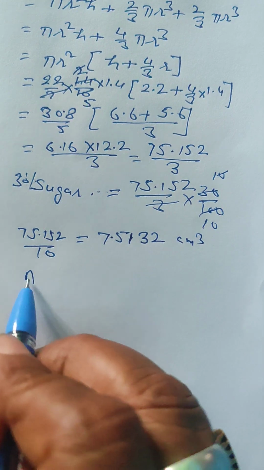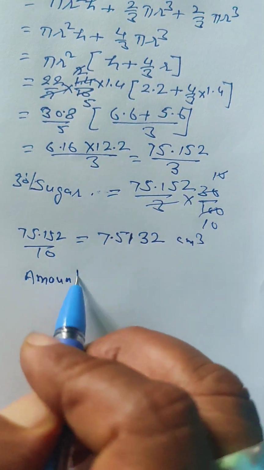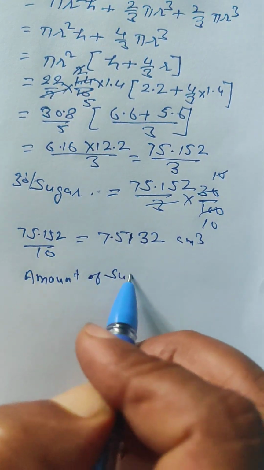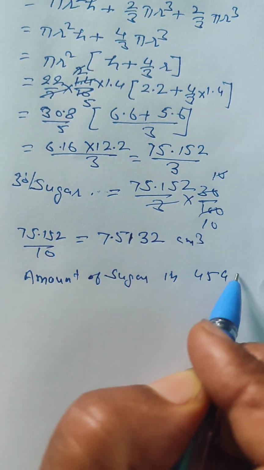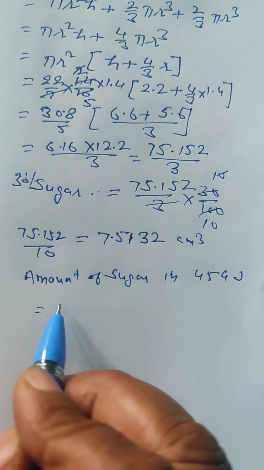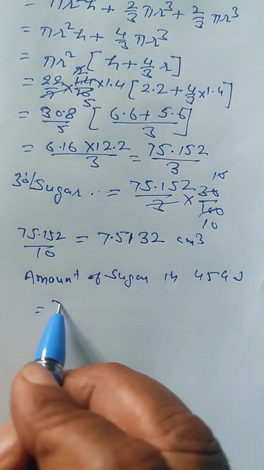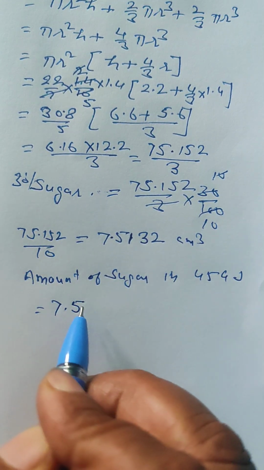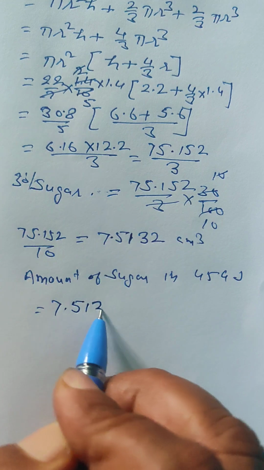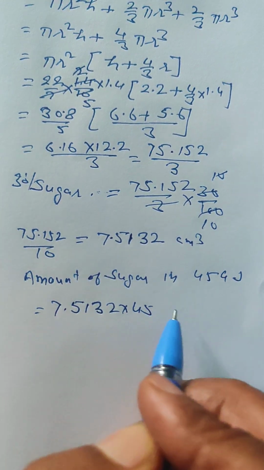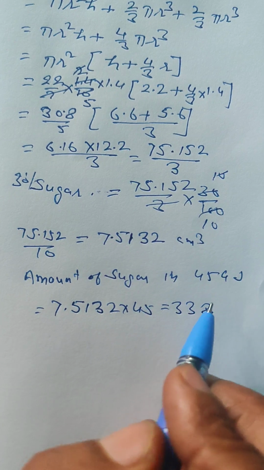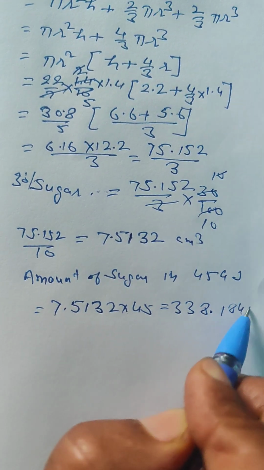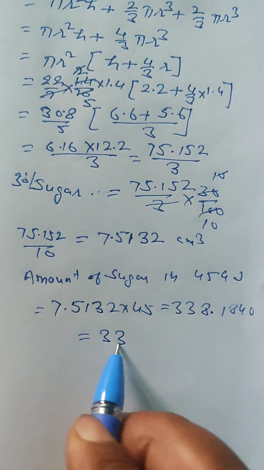Amount of syrup in 45 gulab jamuns is equal to 7.5152 multiplied by 45, which is about 338 centimeter cube.